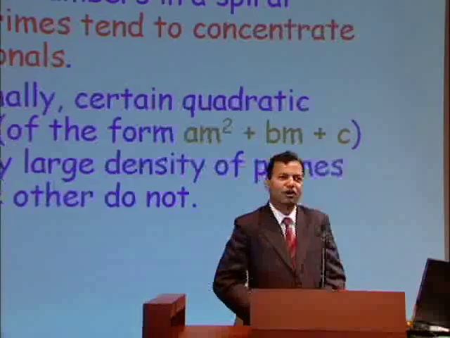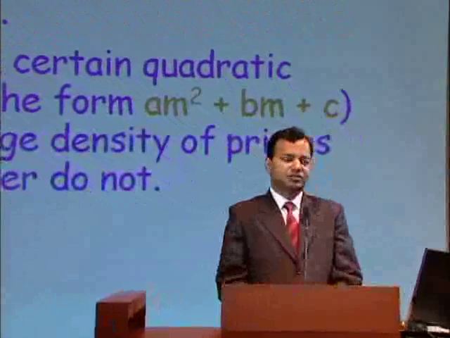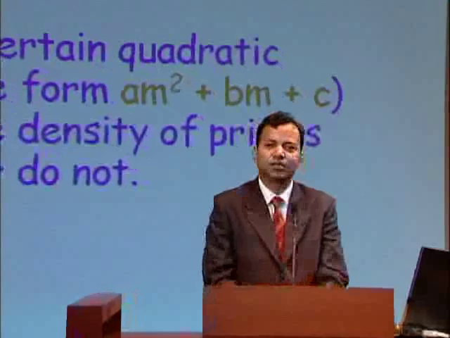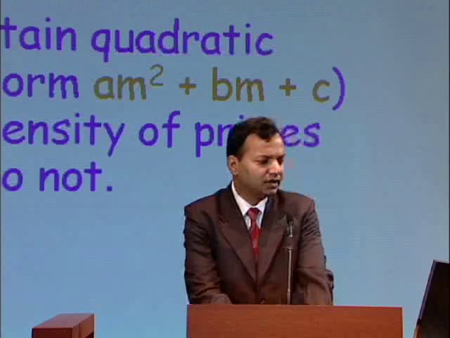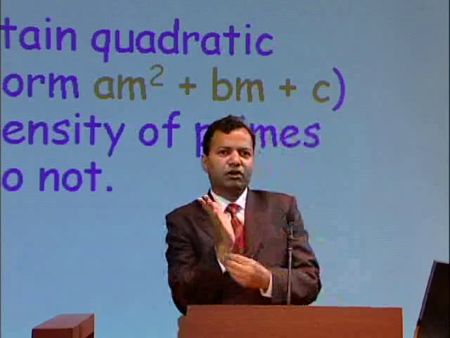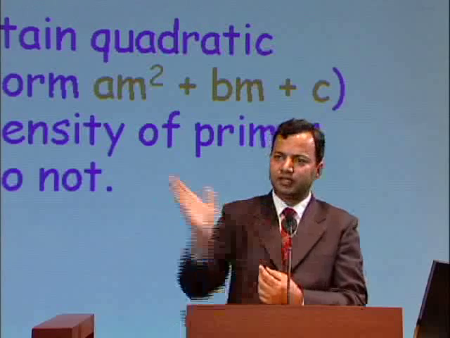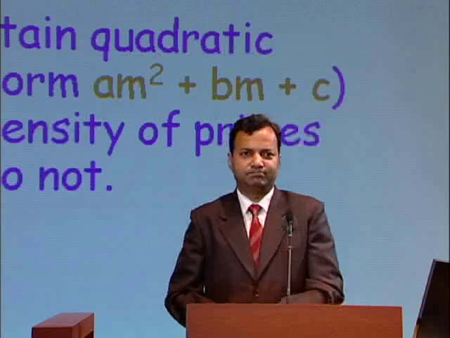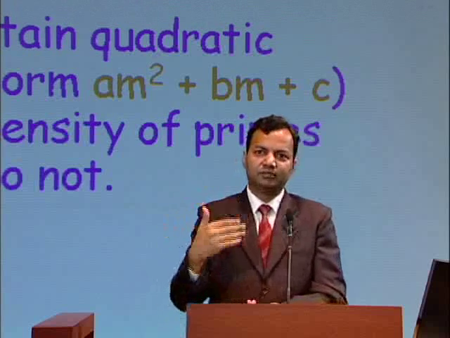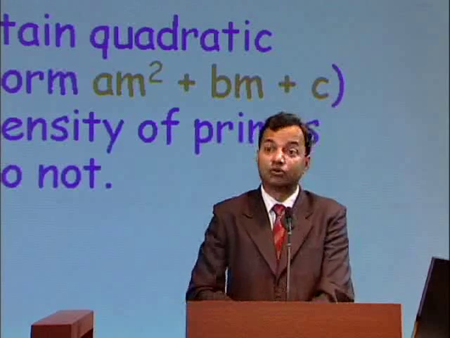Well, you can put it more formally: if you consider quadratic equations of the form am squared plus bm plus c, and look at this sequence of numbers, then some quadratic equations have a high density of primes in their sequence, and some others have very small density of primes. So primes seem to behave differently for quadratic sequences. We don't know why.